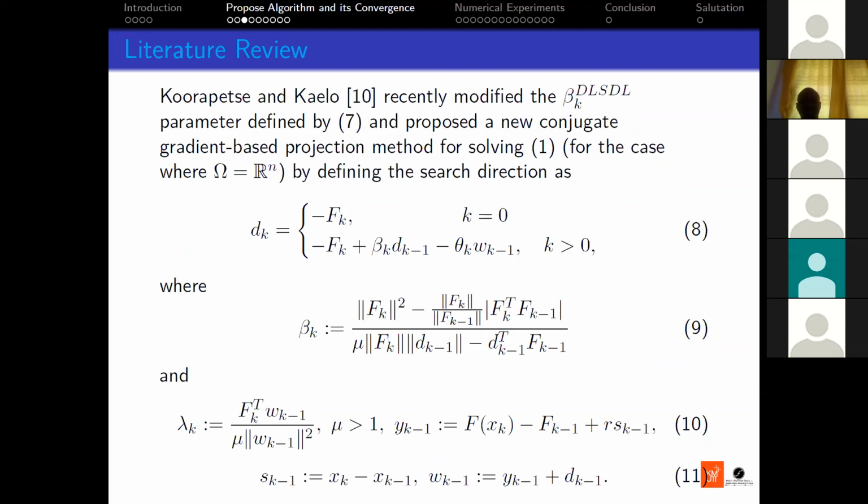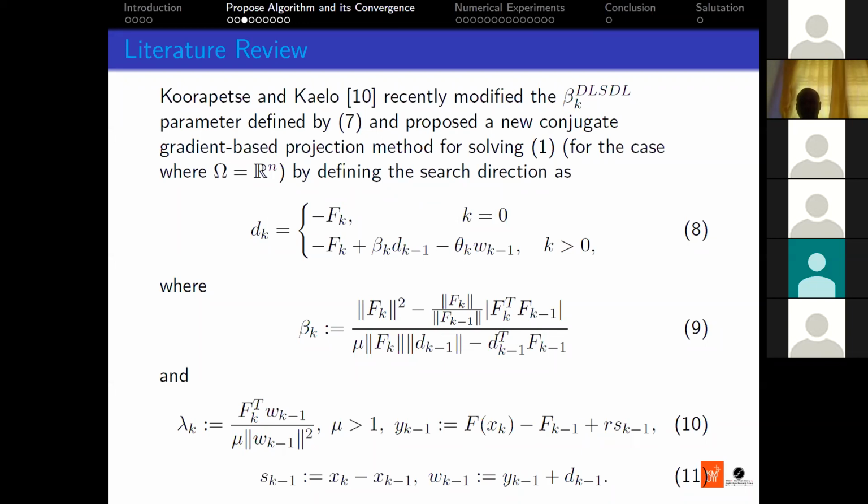And they define the search direction as dk equals minus Fk, for k equal to 0, and dk equals minus Fk plus beta k dk minus 1 minus theta k wk minus 1.